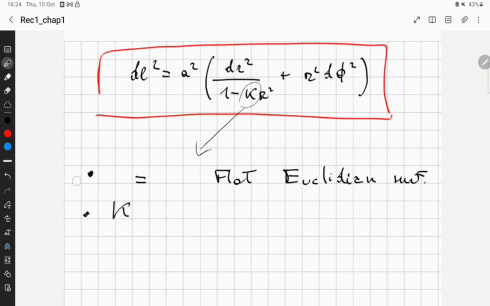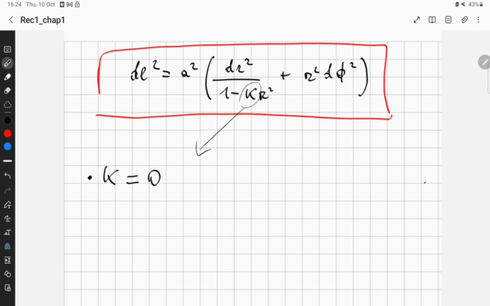So, more precisely, for k equals 0, we see that this term here goes to 0, and so this describes the first expression that we've seen for the Euclidean flat surface.